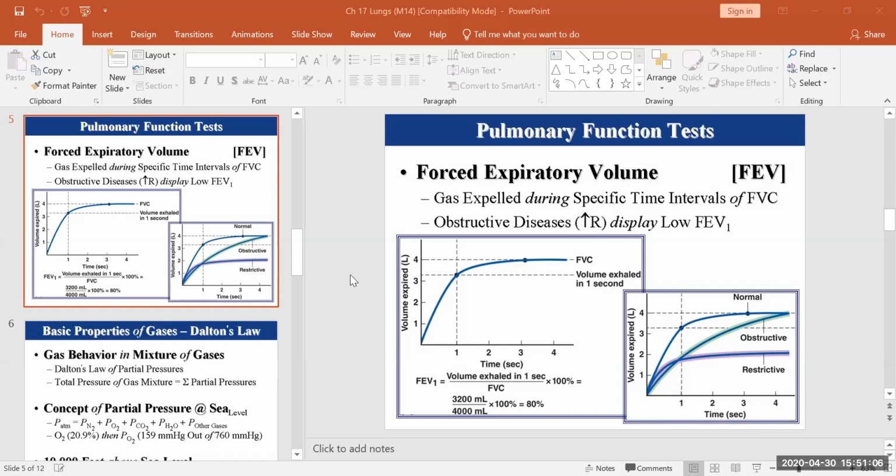Okay, again, so to summarize this, obstructive conditions will lead to a low FEV1, okay? Low FEV1 for obstructive conditions.